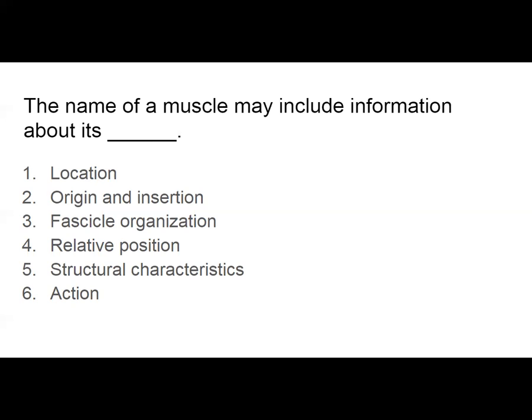It might tell you something about the origin and insertion points, how the fascicles are organized, the relative position of the muscle, structural characteristics, or the action of that muscle.